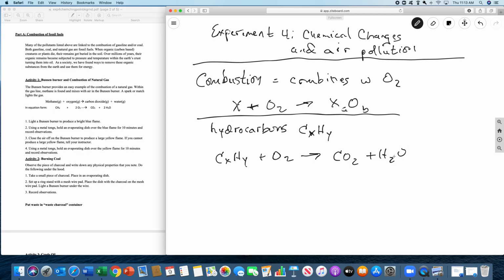Now that assumes that you burn it completely, and that depends on the ratio of the hydrocarbon to oxygen. So in your burning process, if you don't have enough oxygen, this reaction won't go to completion, and you can get other products.